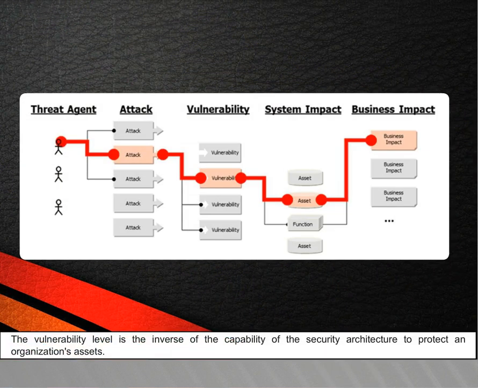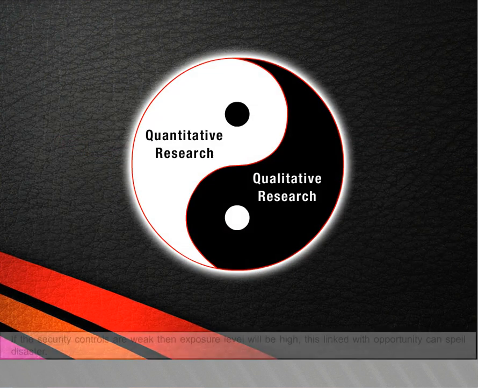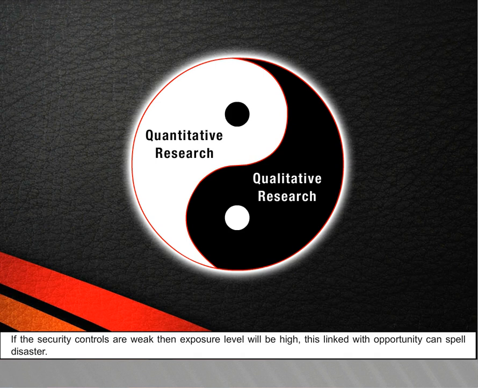The vulnerability level is the inverse of the capability of the security architecture to protect an organization's assets. If the security controls are weak, then the exposure level will be high. This, linked with opportunity, can spell disaster.